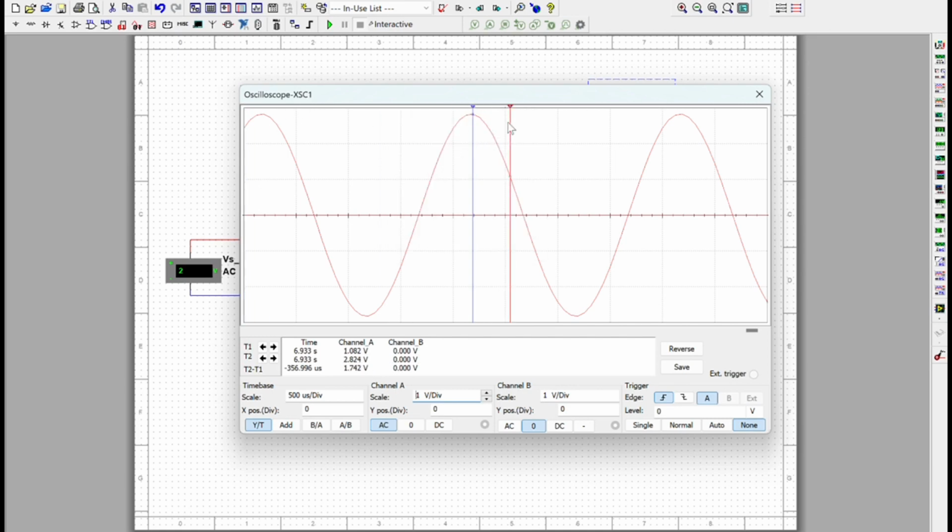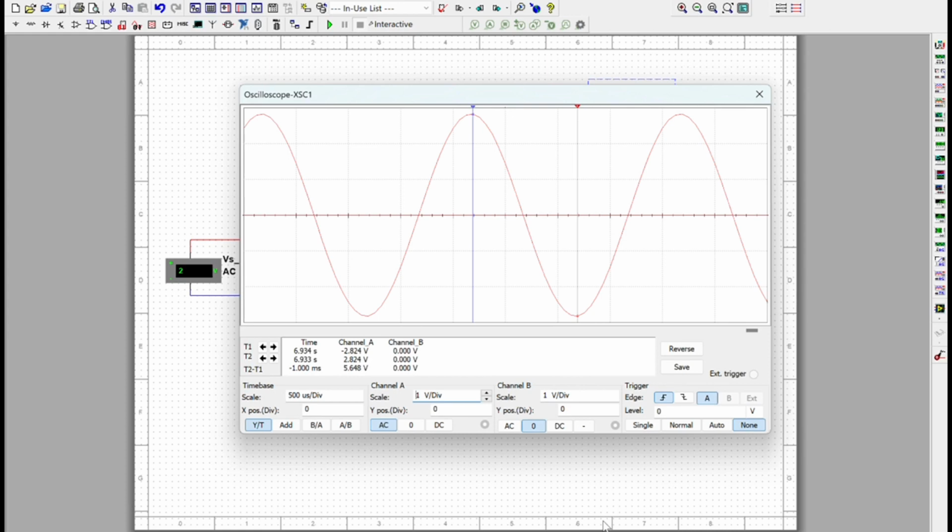And we take our other cursor and we set it to Y min for the graph. So peak to peak right here, and we can see that we get 5.68 volts for our input source peak to peak.